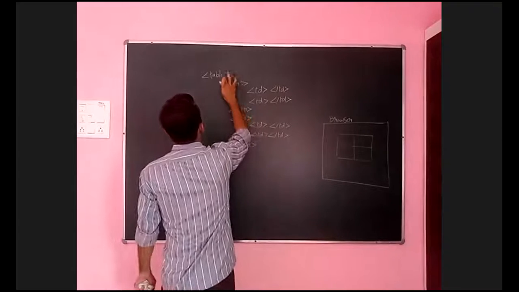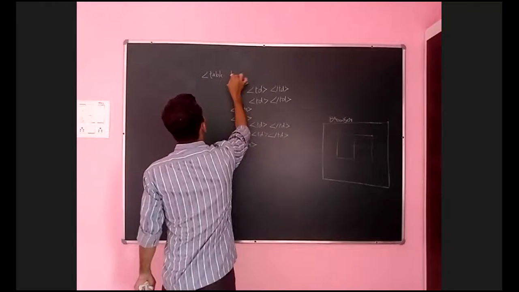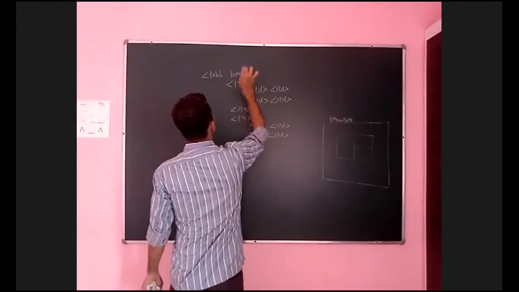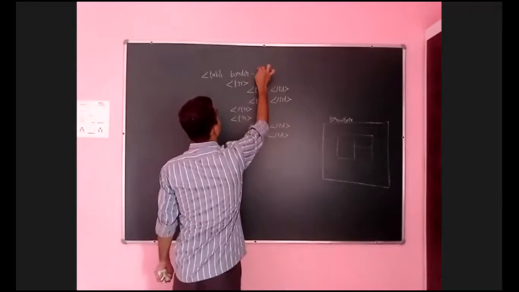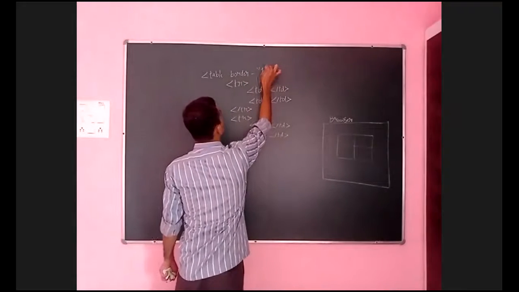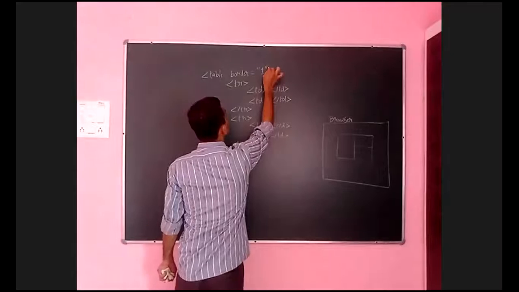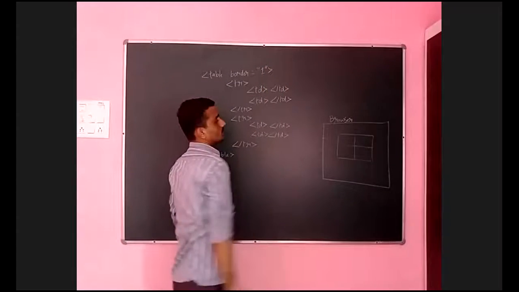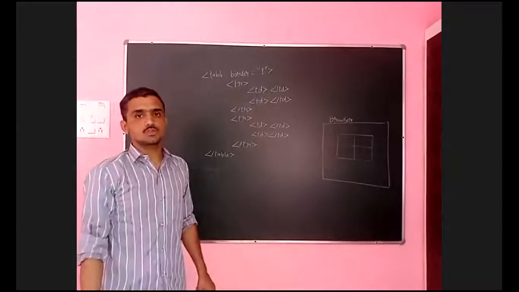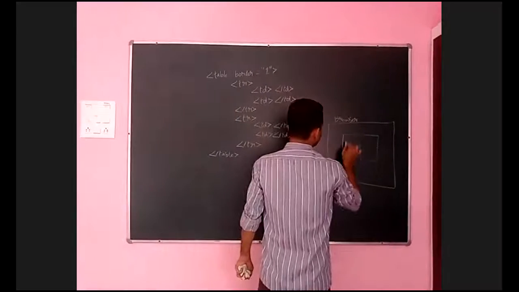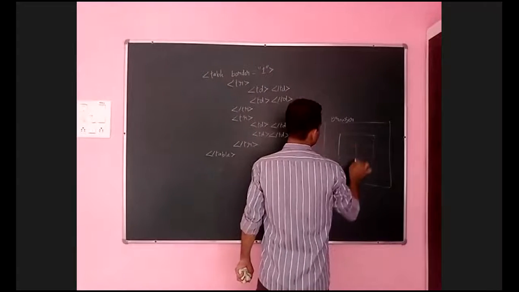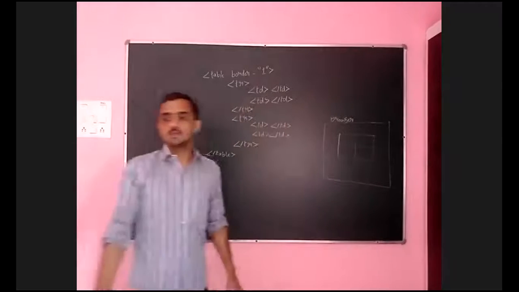That attribute name is border. Border is equal to a value. You can give 1, 2, 3, 4, anything, but generally we take 1. Border equals 1. If you give table border equals 1, then only you can see these borders. So this is about the table tag.